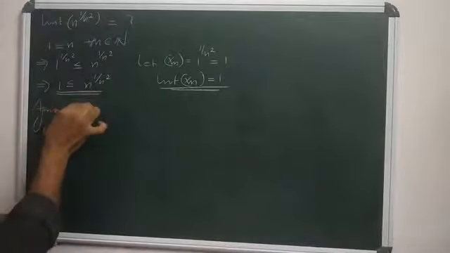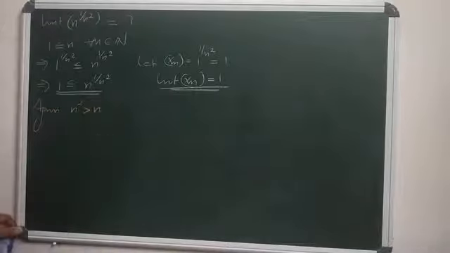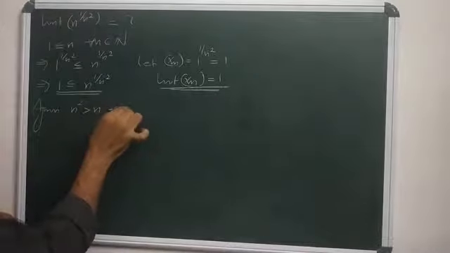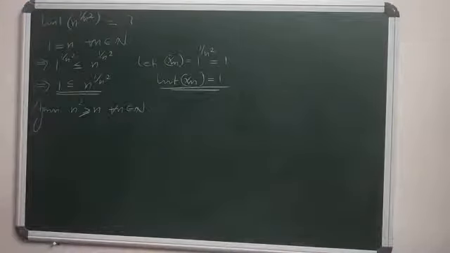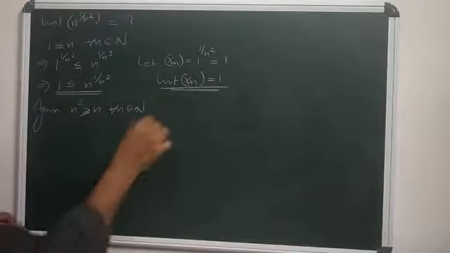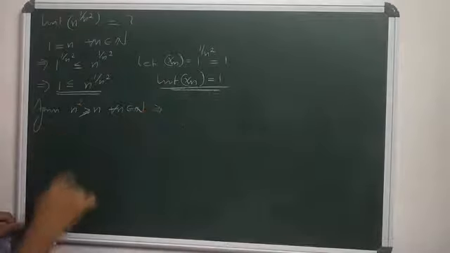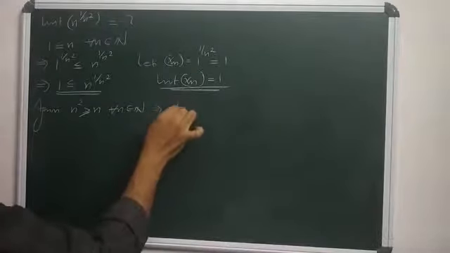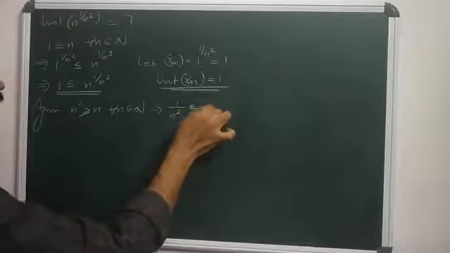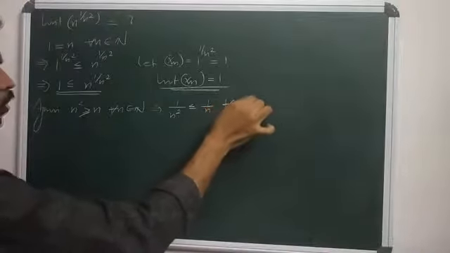Again, what is n square? n square is greater than or equal to n for all natural numbers n. When equality holds, put n equals 1. So n square is greater than or equal to n, which means 1 by n square is less than or equal to 1 by n for all n.